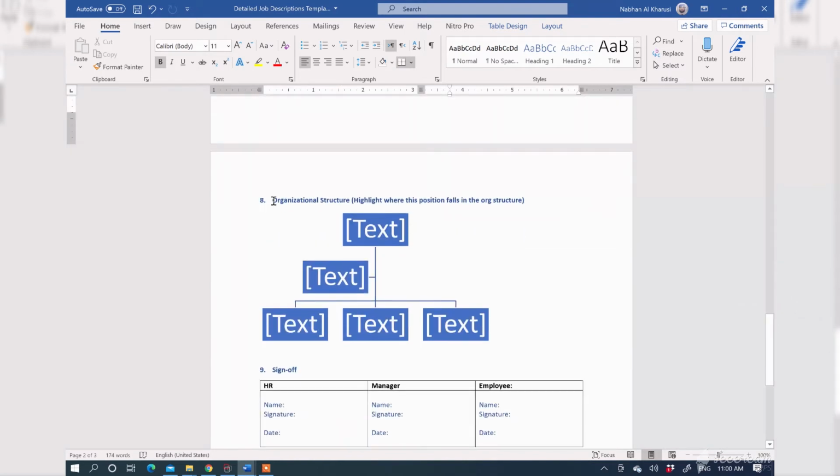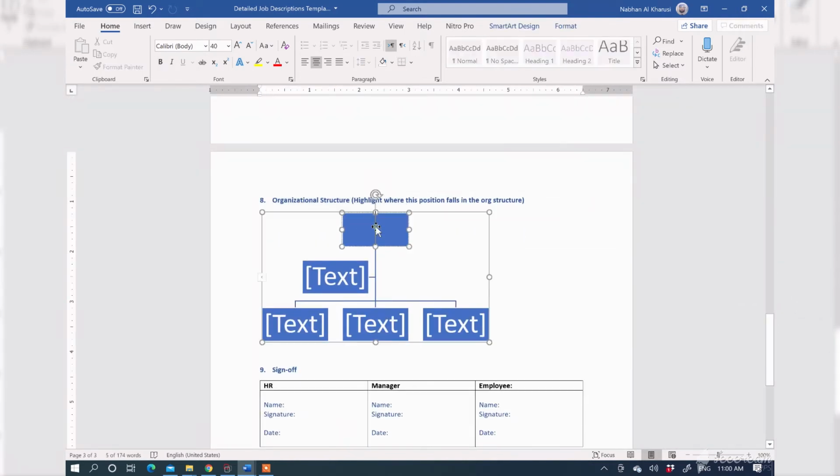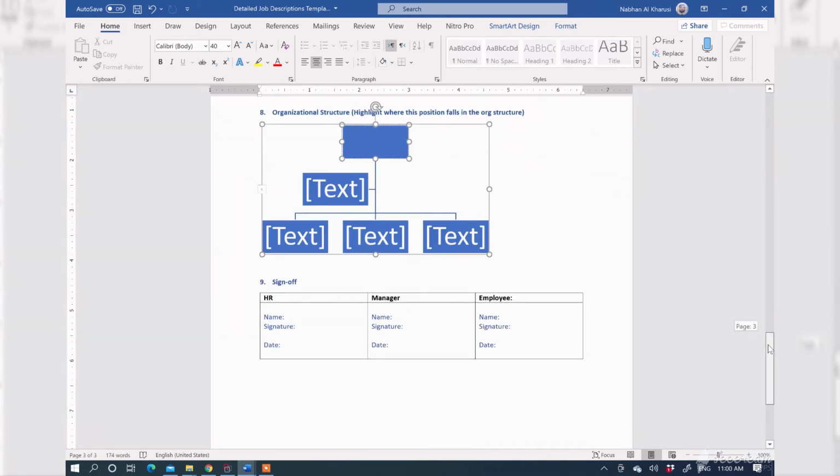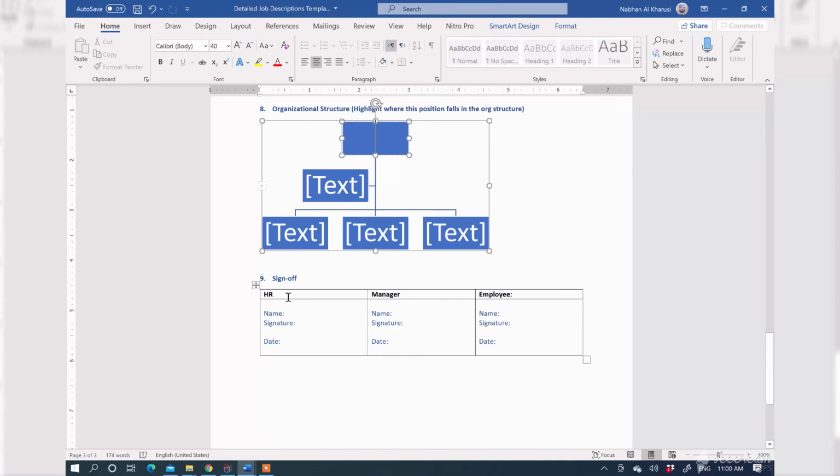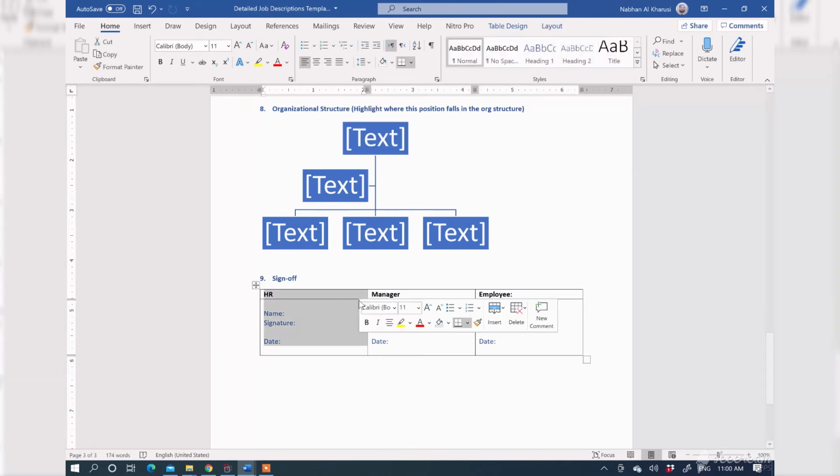And then we have the organizational structure, where this job is going to fit in the whole organization structure: the reporting, the subordinates, the peers, and all of that. And the last element is about the sign-off. It's an acknowledgement by the employee or candidate about that particular job, and the signature of the manager and maybe the HR department.